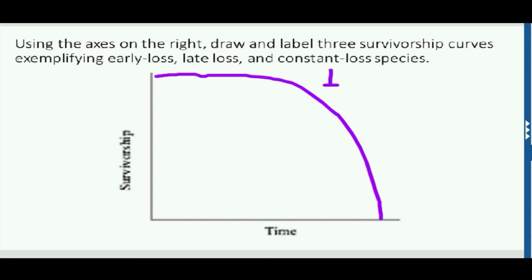So this would be like things like clams or corals. They release lots and lots of babies, and then not many of the babies survive, but the ones that do survive for a long time. Constant loss would be just a flat, straight line.